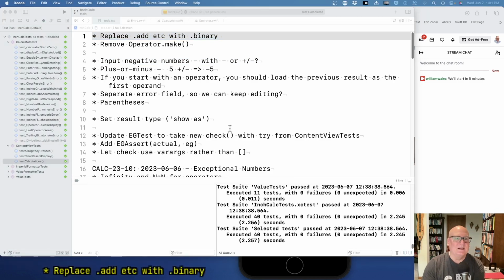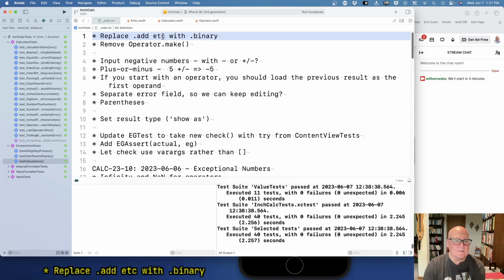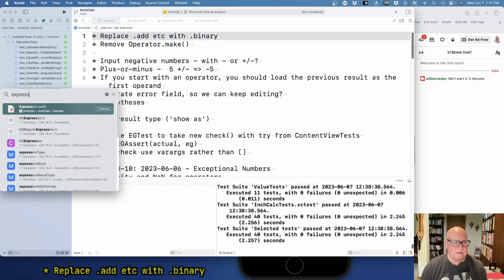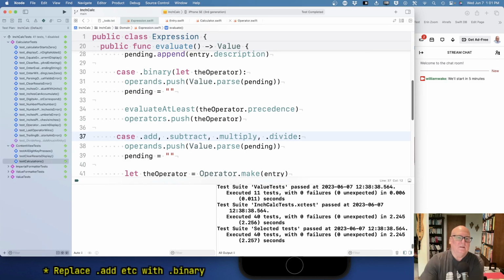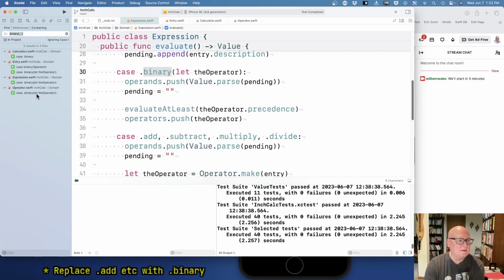There we are. So I guess we'll take a look at the expression that was doing that. Yeah, I don't know if anybody creates a binary yet. Okay, there's cases.